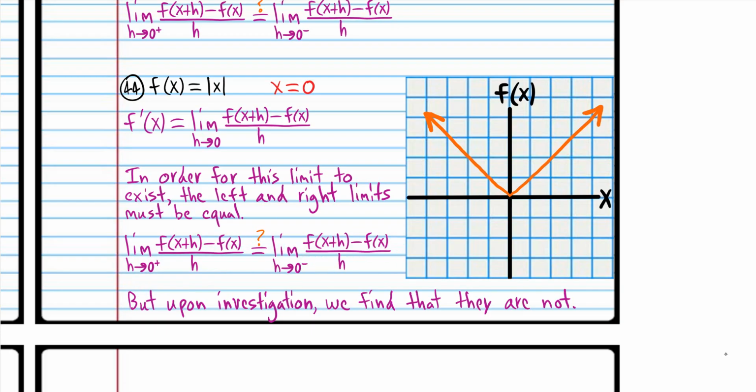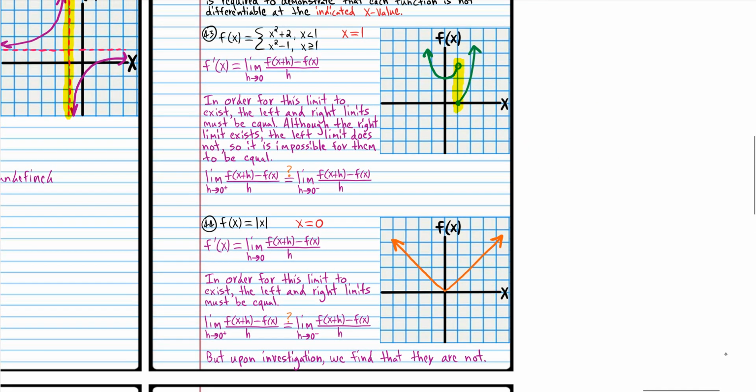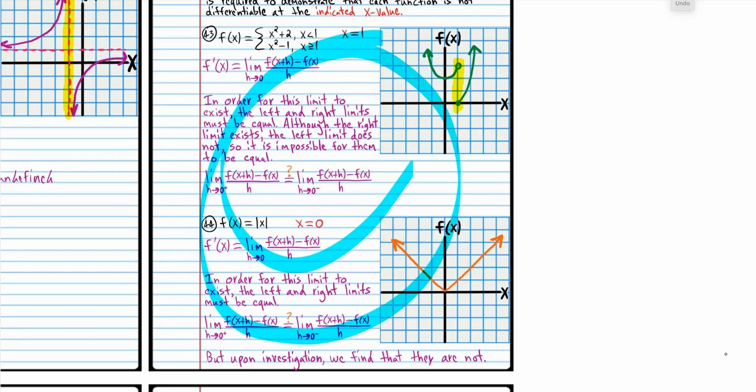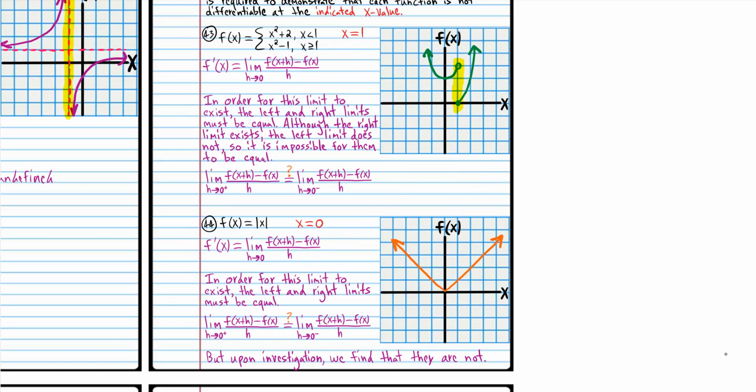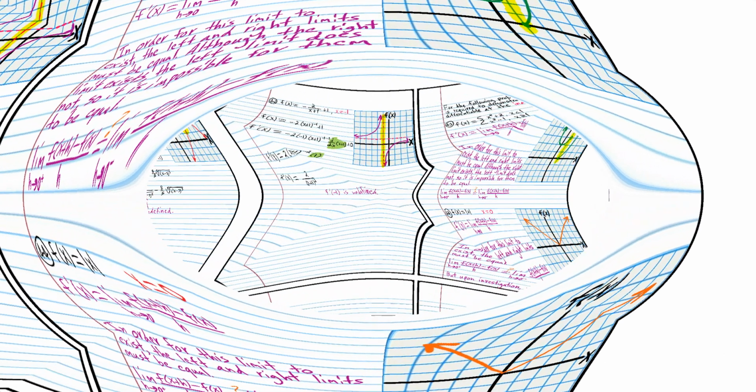The left and the right limits must be equal to each other in order for the two-sided limit, which is the derivative, to exist. So that's why this function is not differentiable at x equals 0. In these situations, you can't just demonstrate algebraically like we did in the previous problems. You have to go into the definition of the derivative and explain in more detail. But again, don't be afraid by this because you're not really required to do this in the calculus curriculum.